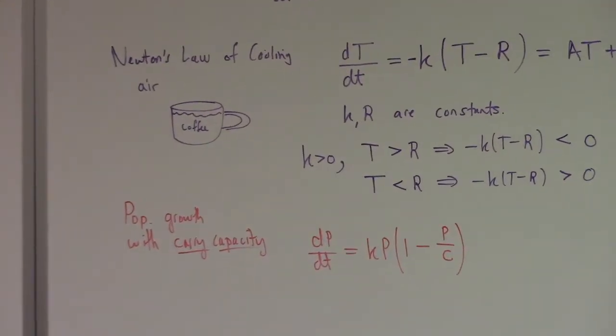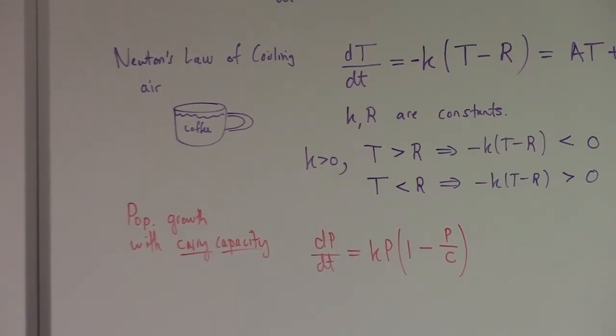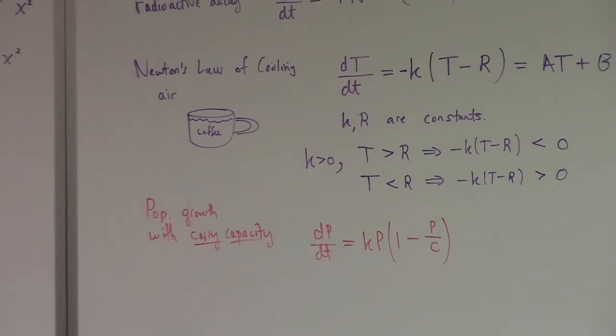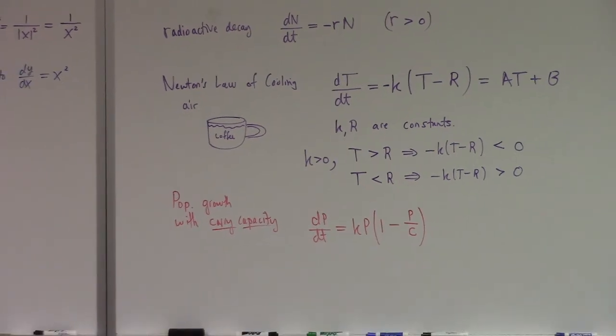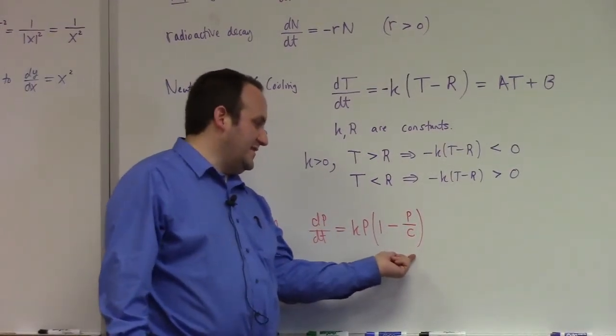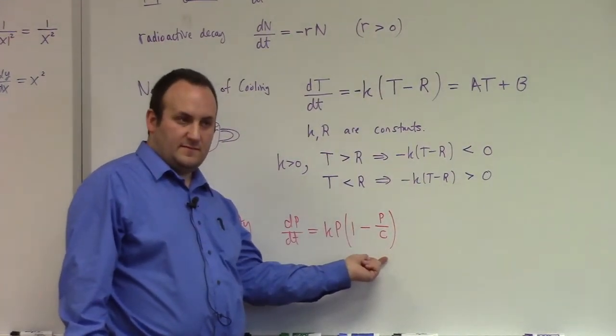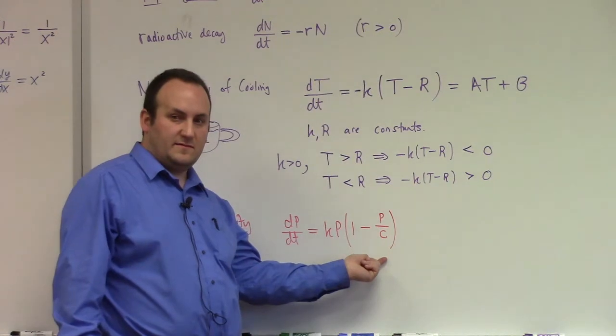So I multiplied just exponential population growth by this factor 1 minus P over C. What happens with this extra multiplier when P is equal to C? Right, the growth rate is 0.